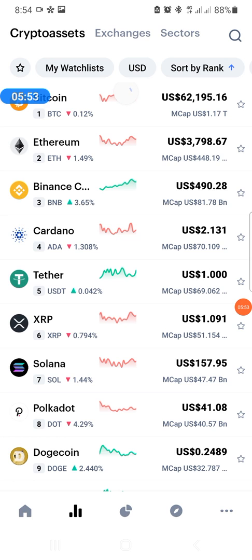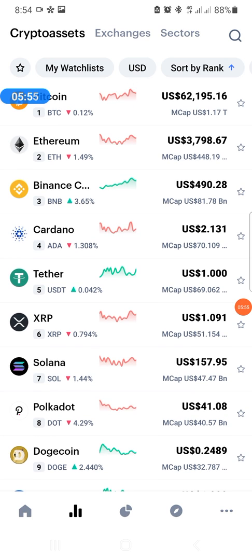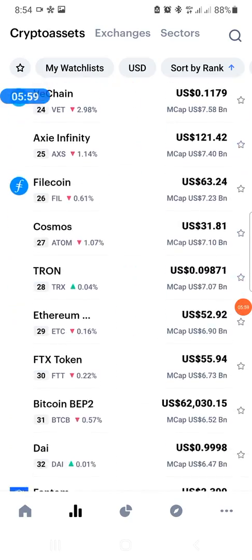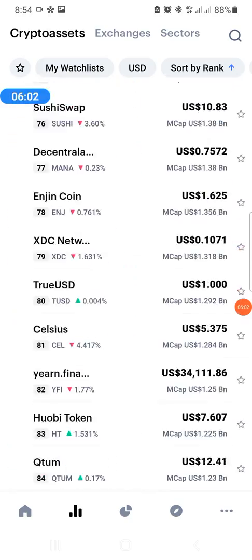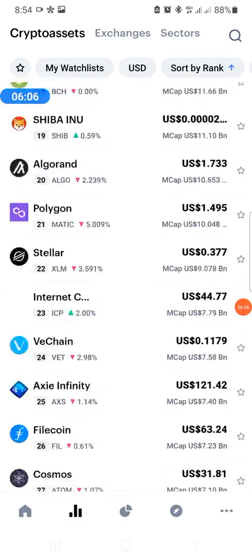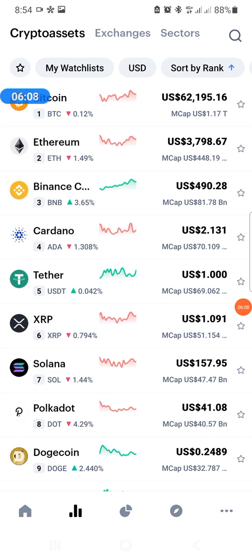As you can see on your screen, these are lists of cryptocurrencies. There are over 10,000 of them, listed based on their market cap, their value, and their 24-hour traded volumes.